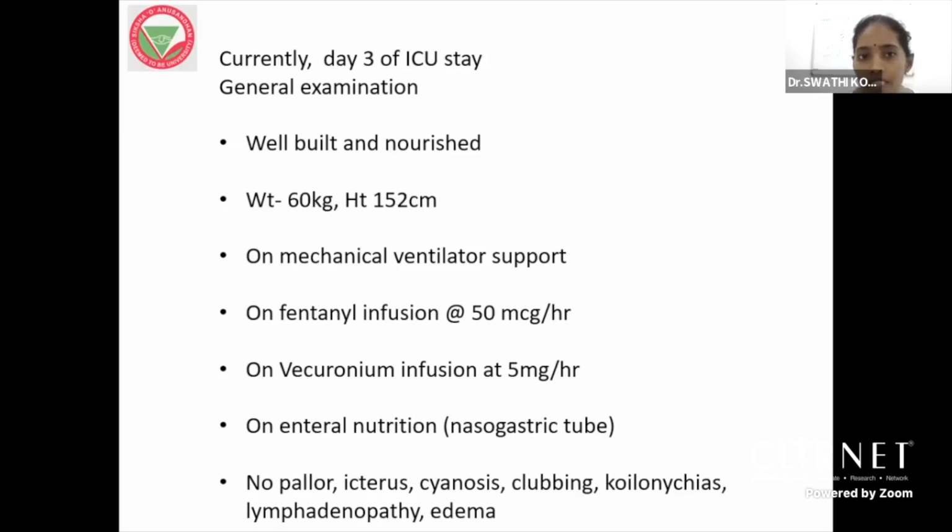So RT-PCR can be sent for these patients. But there is no pandemic or endemic. Odisha is not an endemic area, so we have not sent RT-PCR initially.